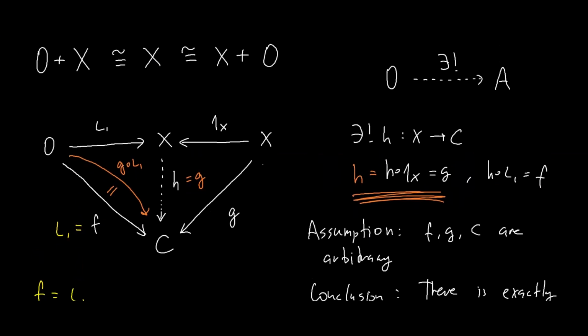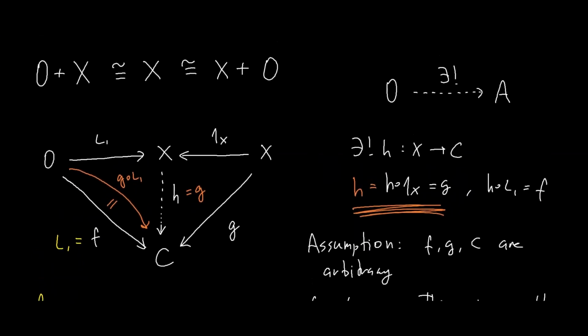So what we have established using this argument is that this is a sum of 0 and x. Now, if I take another sum, some other thing, 0 plus x, let's draw it here as well.